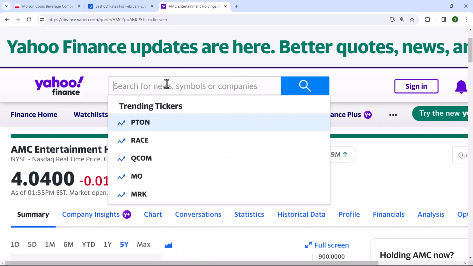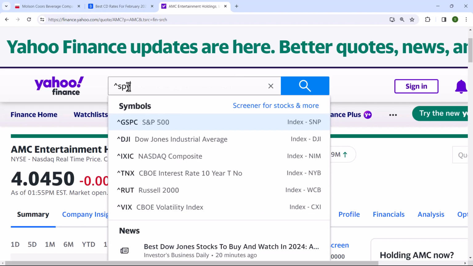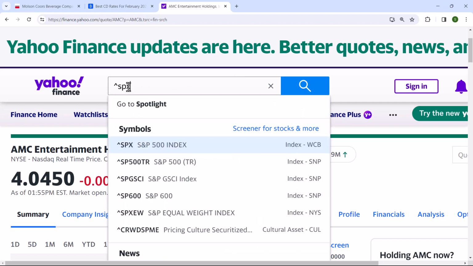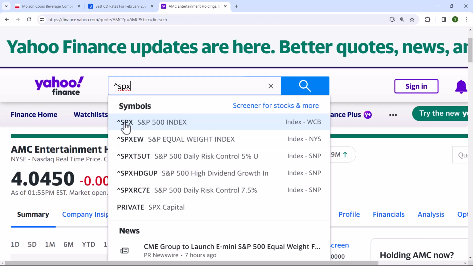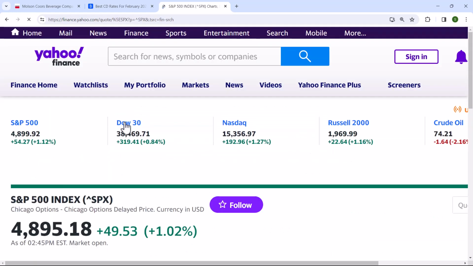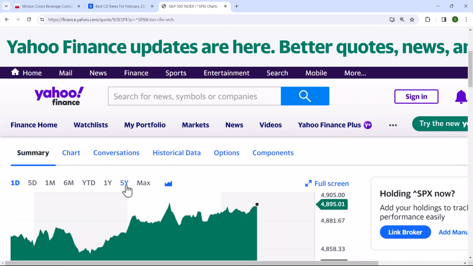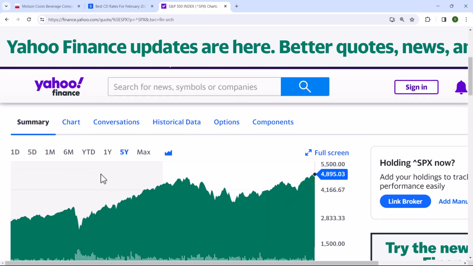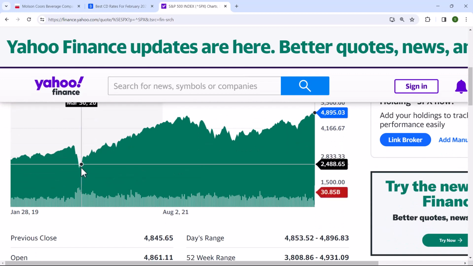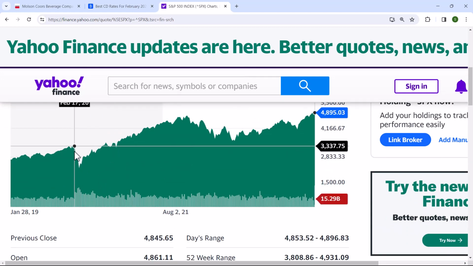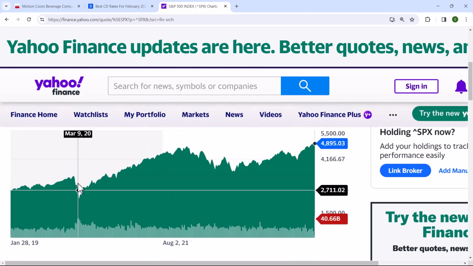So I'm going to go out here, and I'm just going to pull up the S&P 500. It is kind of the standard index for measuring the market. There we go. So this is the S&P 500 index. And I'm going to take us back to the beginning of COVID-19. Back here you can see this was in March of 2020.